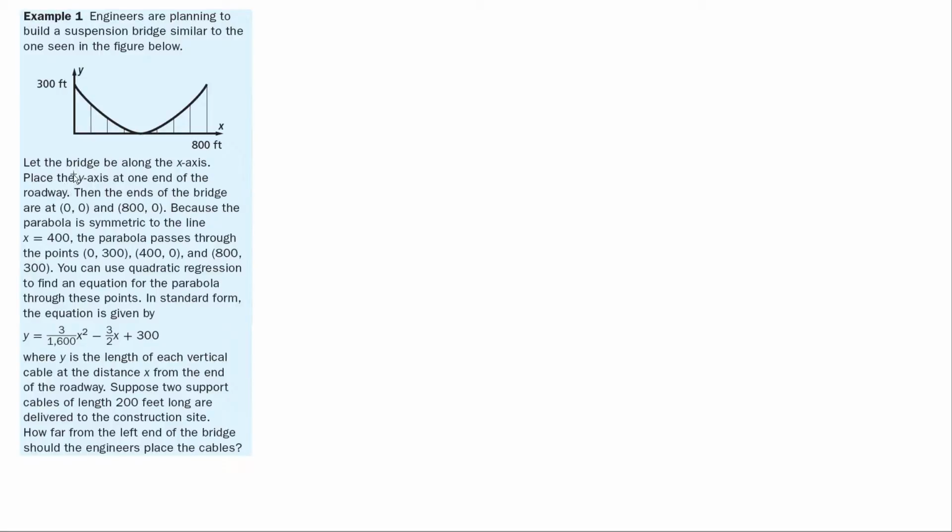So let the bridge be along the x-axis. The y-axis is one end of the bridge, which is at 0, 0. Because the parabola is symmetric to the line x equals 400, the parabola passes through the points 0, 300, right there, 400, 0, right there, and 800, 300 here.